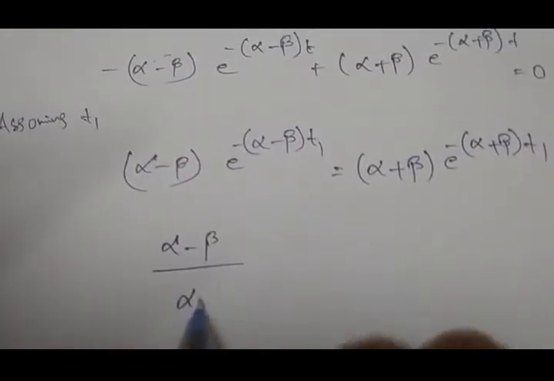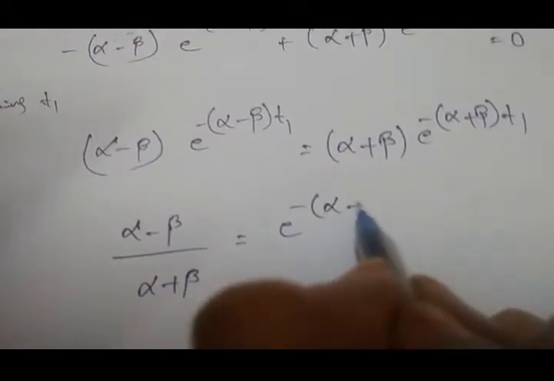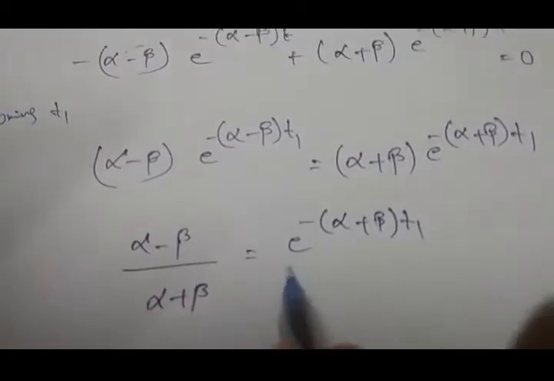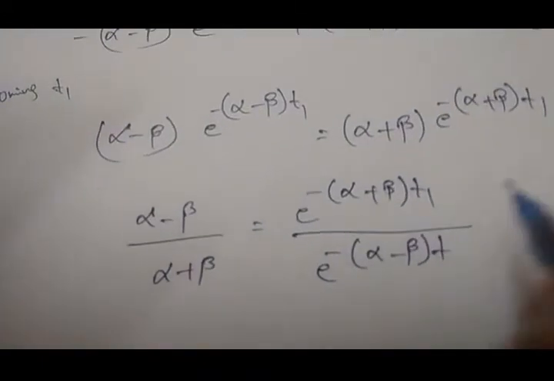So rearrange the elements. Alpha minus beta divided by alpha plus beta equals e power minus alpha plus beta T1 divided by e power minus alpha minus beta T1.